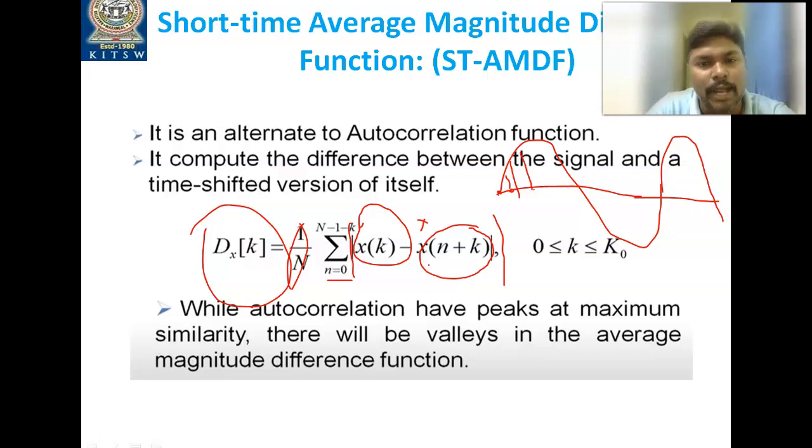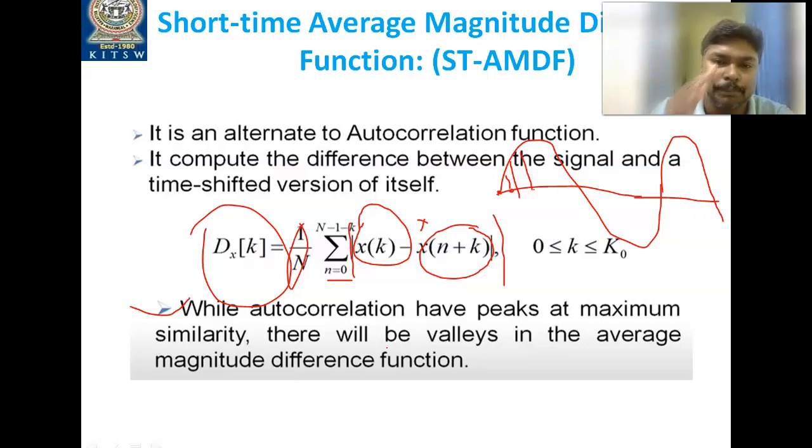While the autocorrelation has peaks at maximum, which is an important point mentioned in this slide, similarly there will be valleys in the average magnitude difference function. That is the only difference.